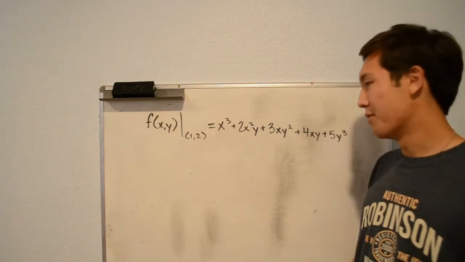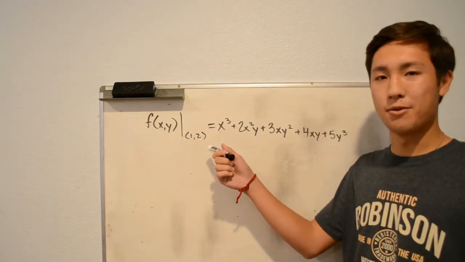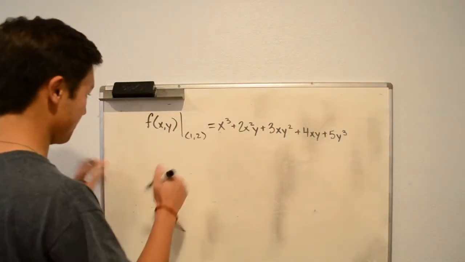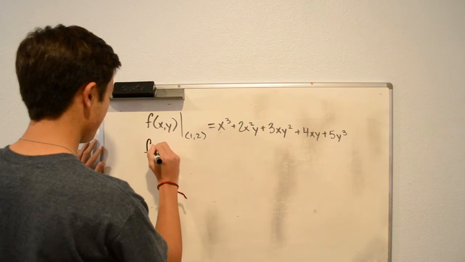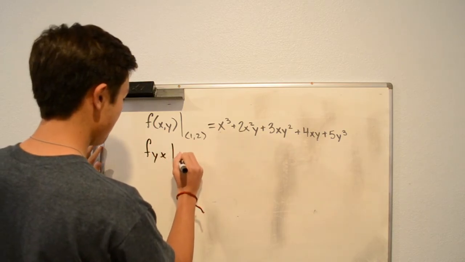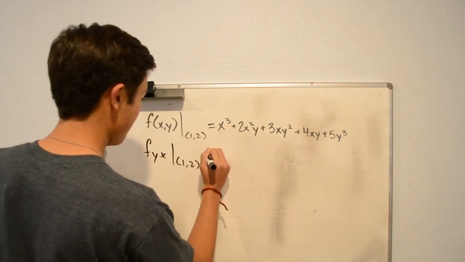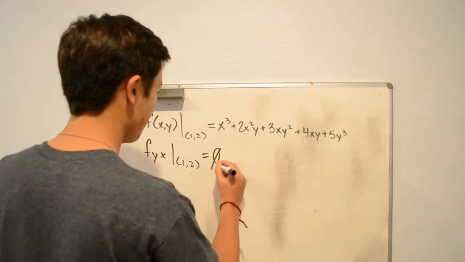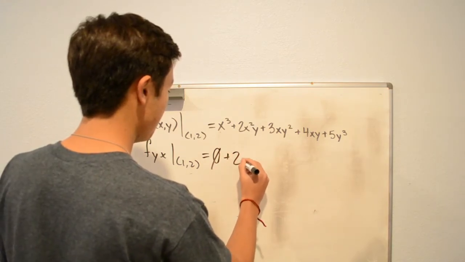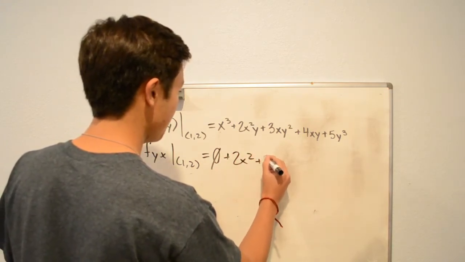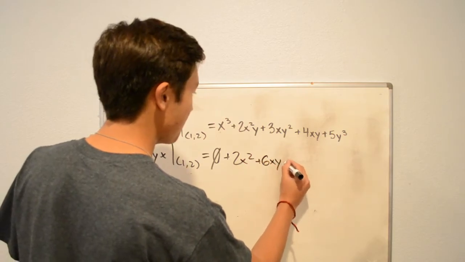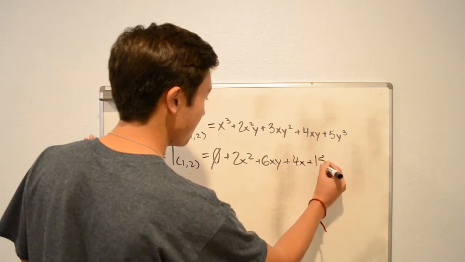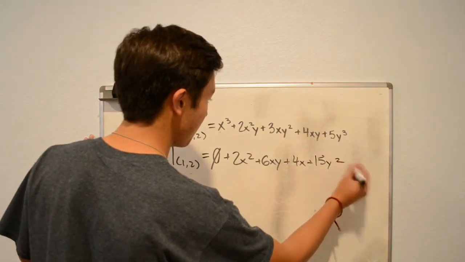So now we're going to solve an example of a mixed second order partial derivative at point 1, 2. First we're going to solve with respect to y and then with respect to x. Since we're solving with respect to y, x is treated as a constant, so this will be 0. 2x squared plus 6xy plus 4x plus 15y squared.